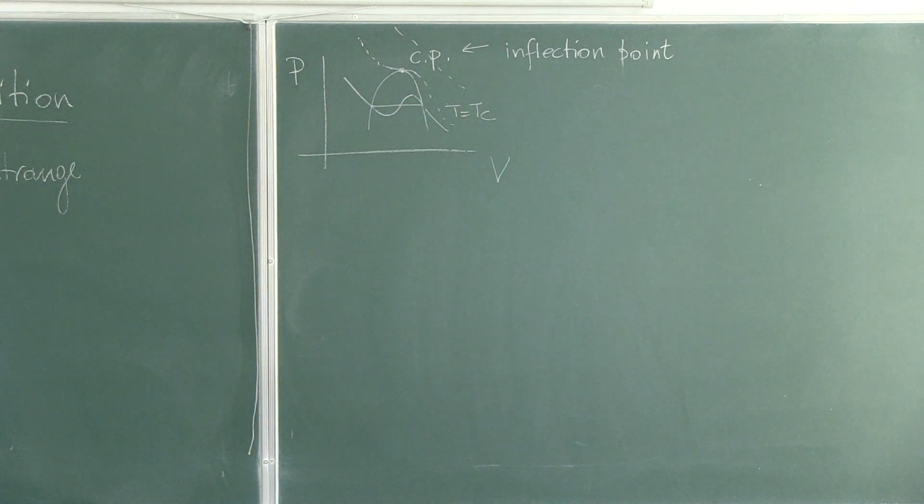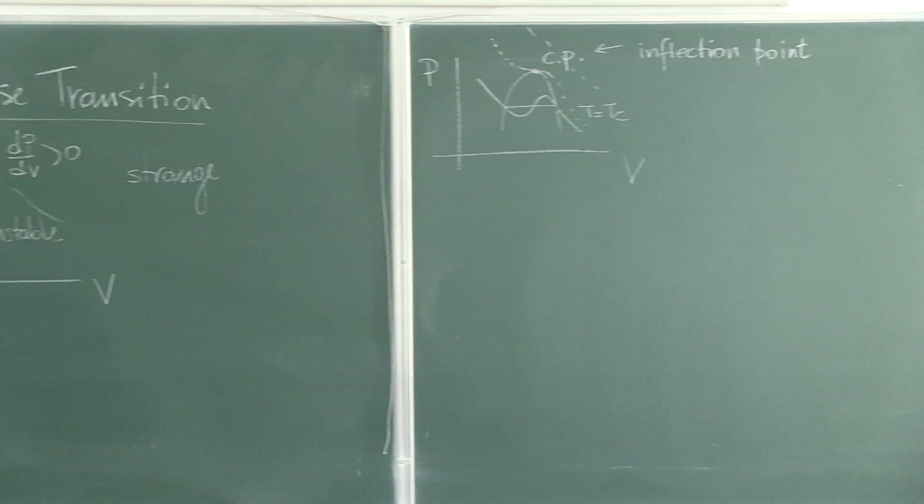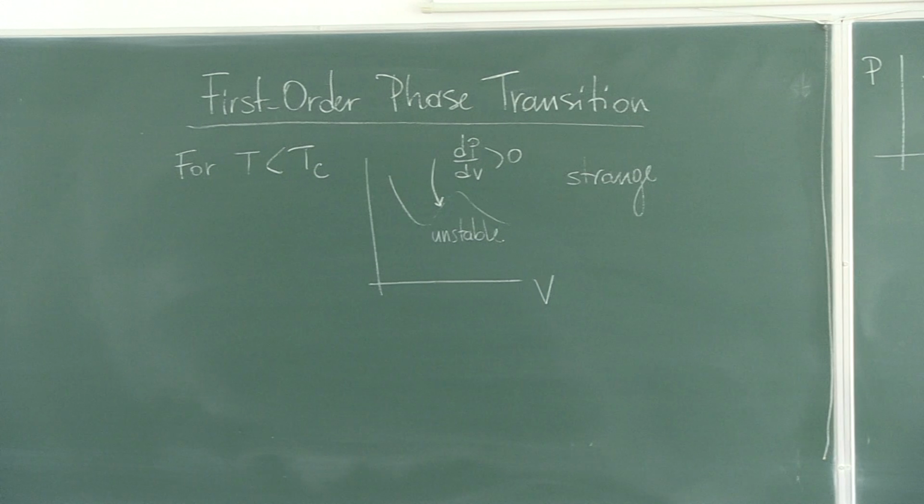That will be our strong interaction case. This is kind of a weak interaction case, isn't it? So this is also an example of weak and later strong interaction cases for phase transitions.